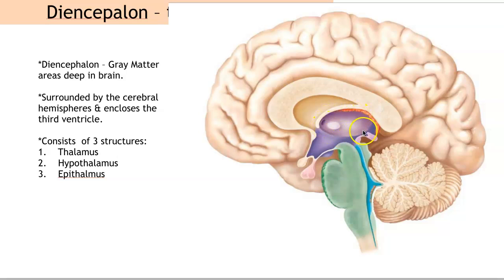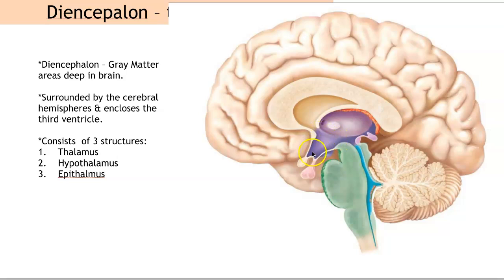This lighter purple area right here, this is actually a mass-like structure. This is the thalamus. Now, there is going to be a thalamus on both sides in each cerebral hemisphere, and they are going to be connected by this structure. This is called the interthalamic adhesion. So you need to know that interthalamic adhesion.